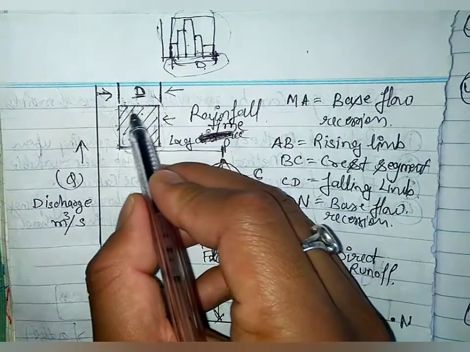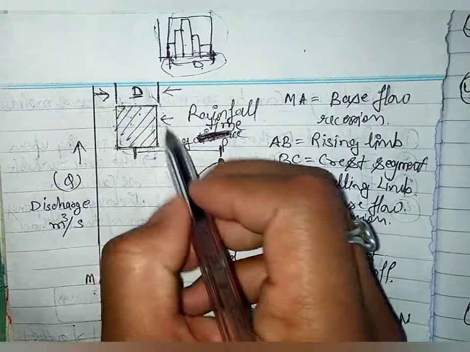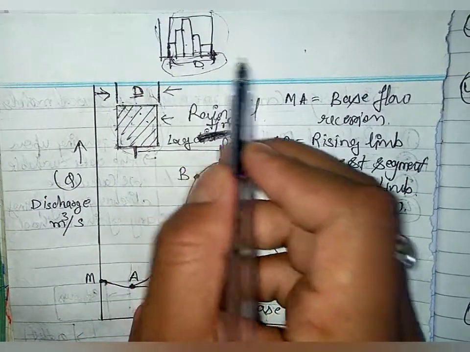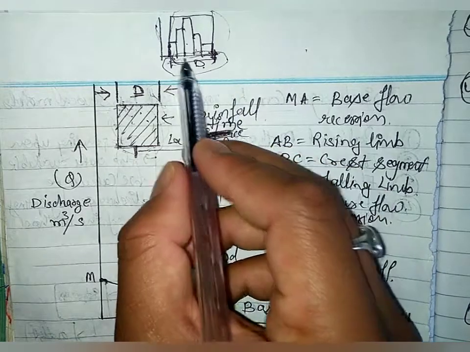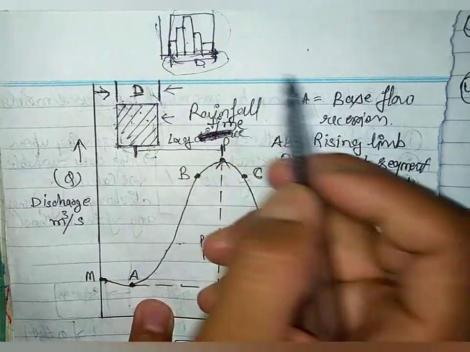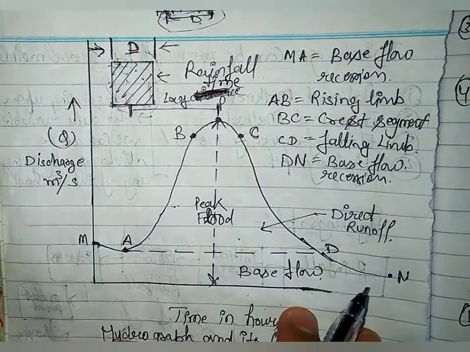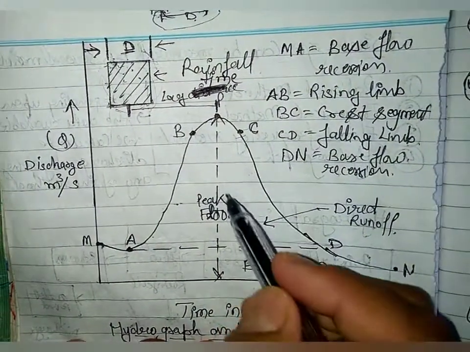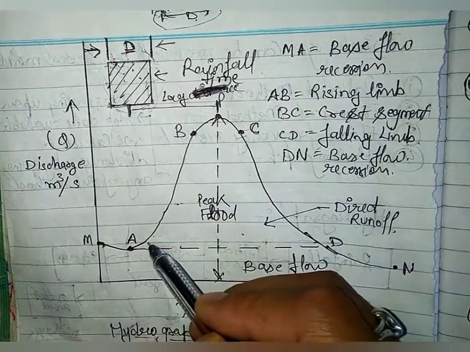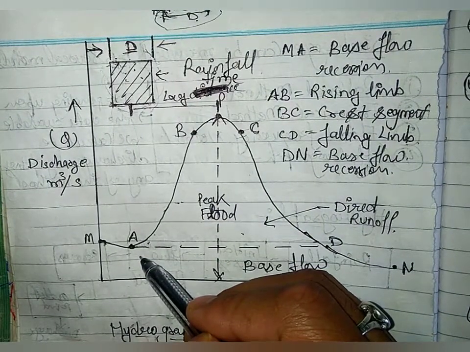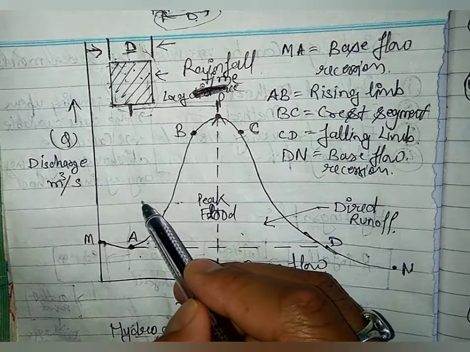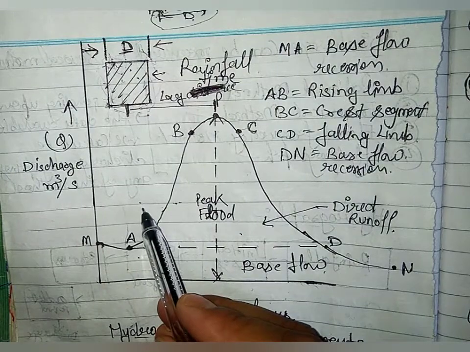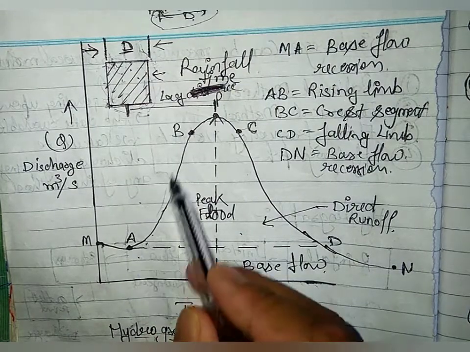The depth we are taking is a uniform depth of rainfall to reduce the complexity in understanding the hydrology concept. Now after the initial losses and infiltration losses are met, the rainfall excess reaches the stream through the overland channel, and it starts to contribute towards the discharge here.